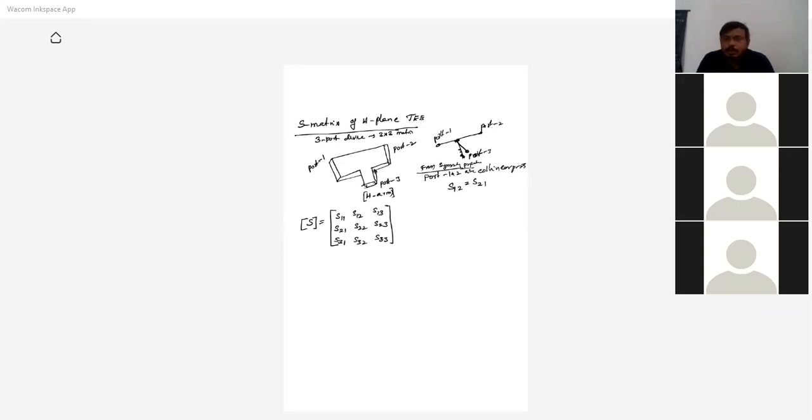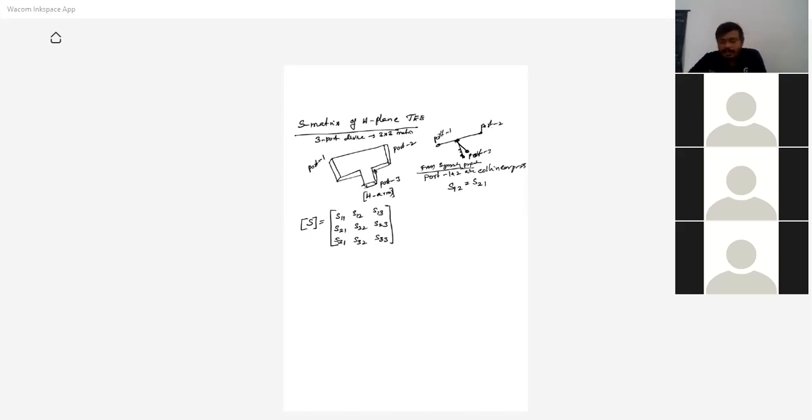S23, 2 and 3, where 2 is the output and 3 is the input. S31, the relation between port 3 and port 1, where 3 is the output and 1 is the input. S32, the relation between port 2 and 3, where 3 is the output and 2 is the input. S33 gives the relation of the same port, the incident power and reflected power in the same port. Now these are the S matrix elements.